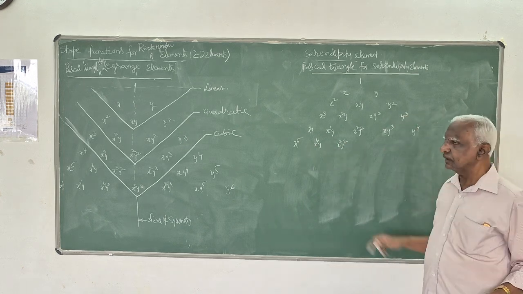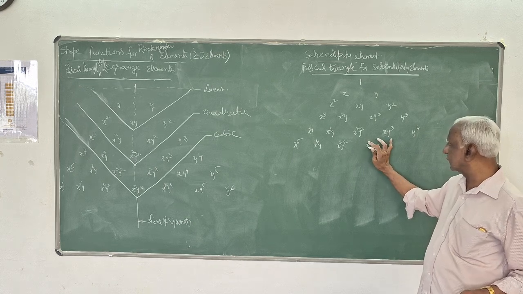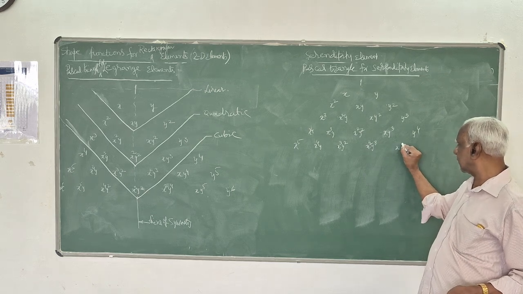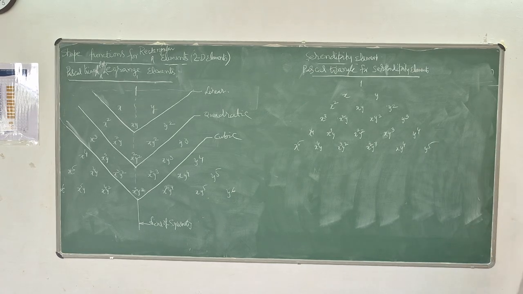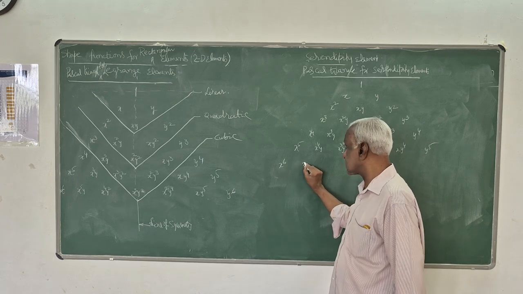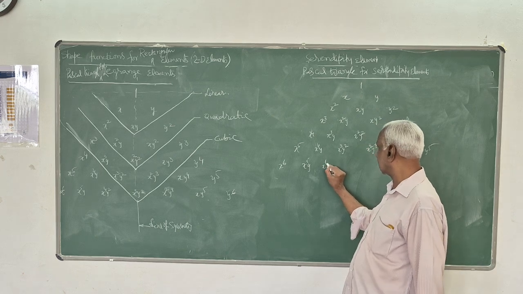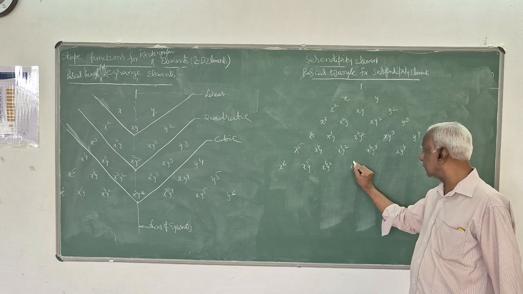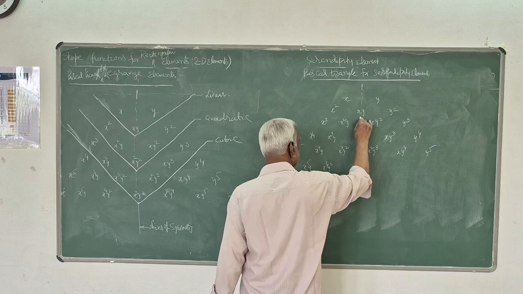They are all fifth degree. Let's have one more, x to the power of 6, then x5y, x4 y square, x square y4, so that is the symmetric line.